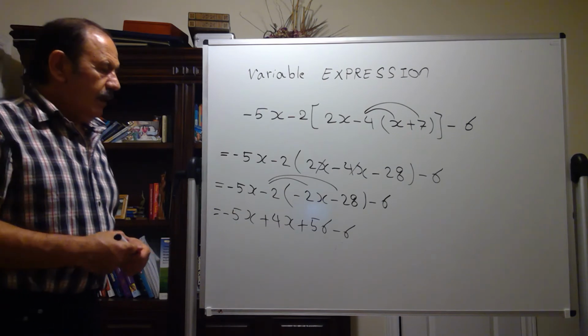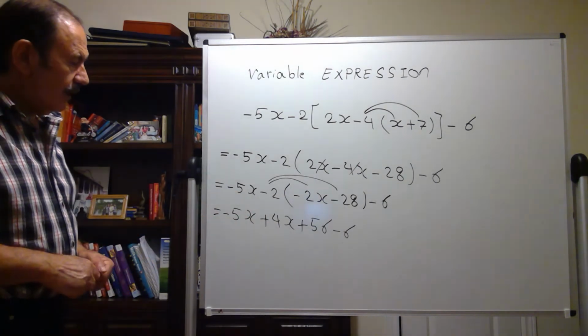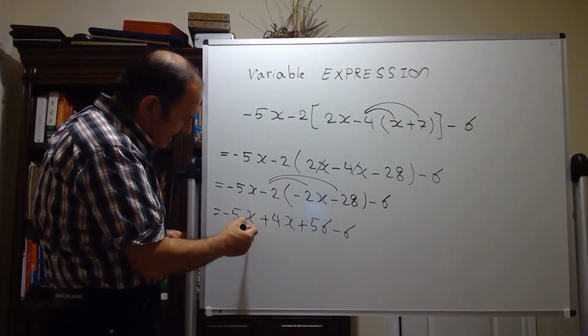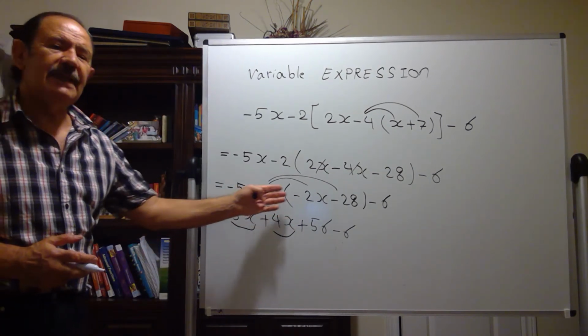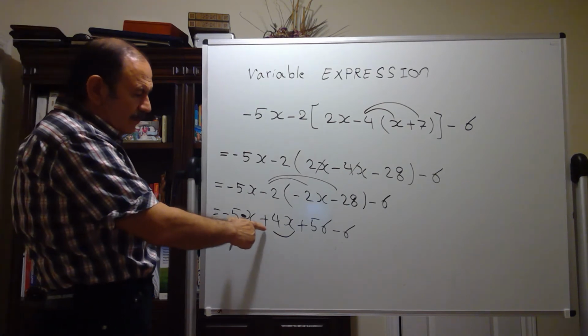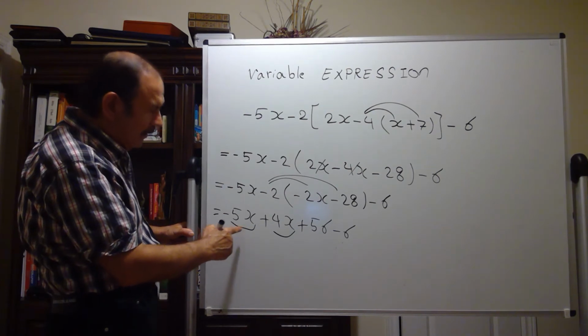Now, there is no bracket. We need to simplify the like terms. Negative 5x and 4x. These two are like terms because they have the same base with the same exponent, different coefficient. Minus 5x plus 4x. Minus 5 plus 4 is minus 1x.